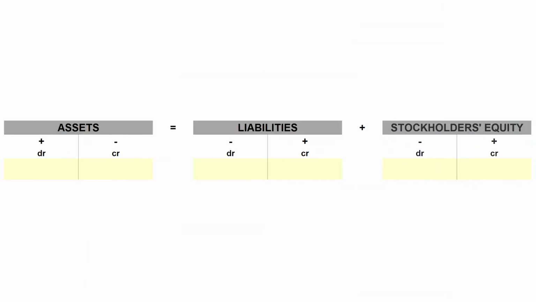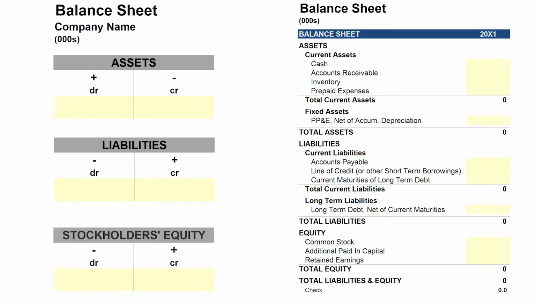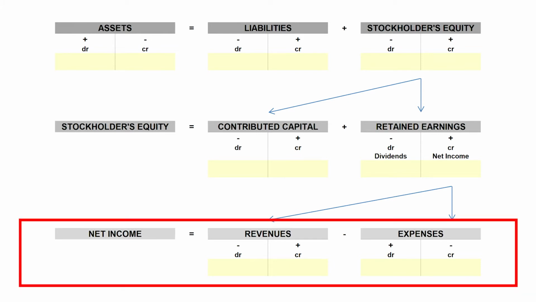Why? Recall that the balance sheet is just a formal presentation of the fundamental accounting equation. The assets of a company equal its liabilities plus its equity. So the accounting equation is the balance sheet, but stripped of detail. Now, if we look at an expanded version of the accounting equation, you will note that down here, we have the income statement.